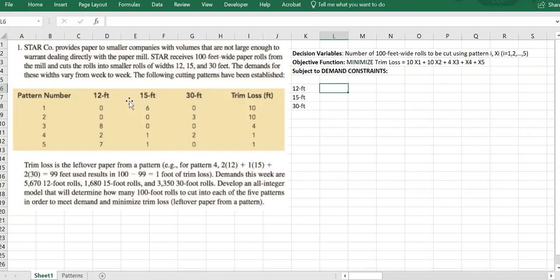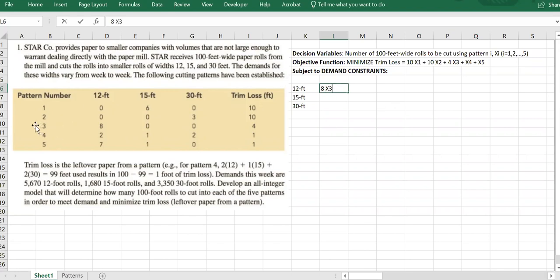So for the total number of 12 foot rolls produced, if we only use pattern 1, no 12 foot roll is produced. If we use pattern 2, again, no 12 foot roll is produced. If we use pattern 3, 8 of these 12 foot rolls are produced, so it's going to be 8 times x3.